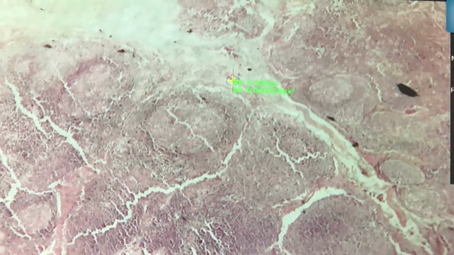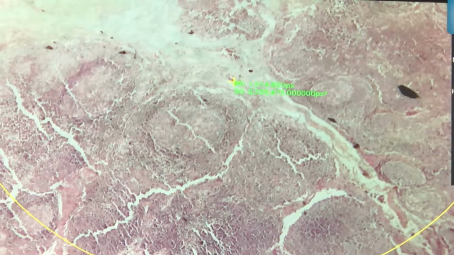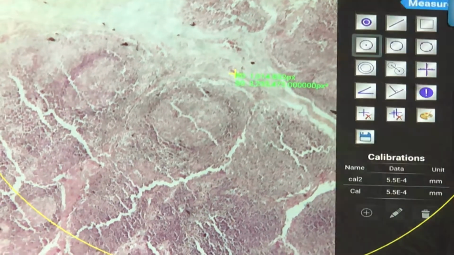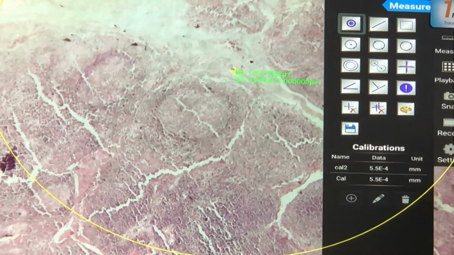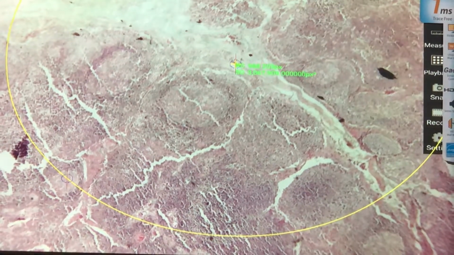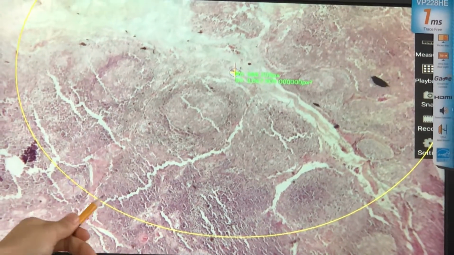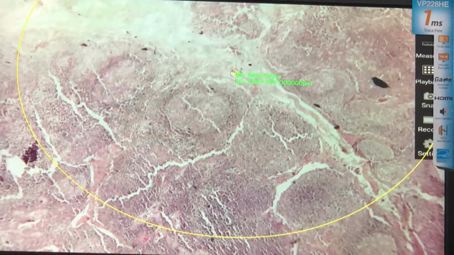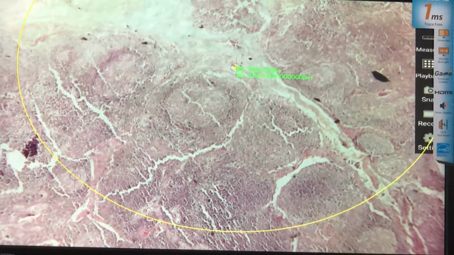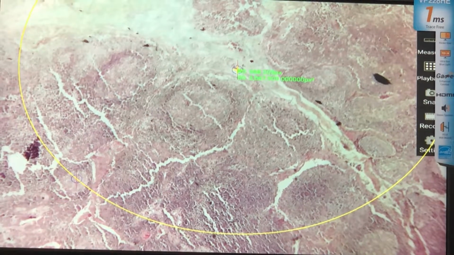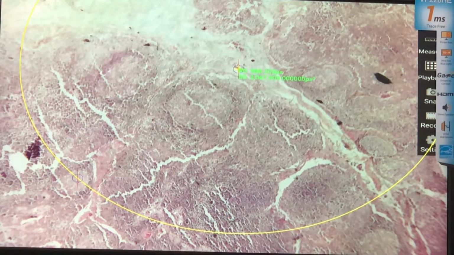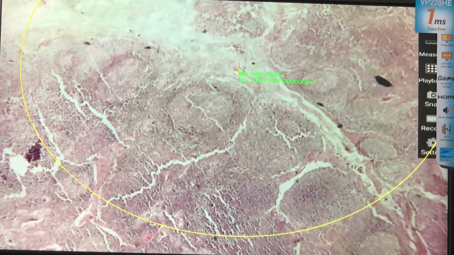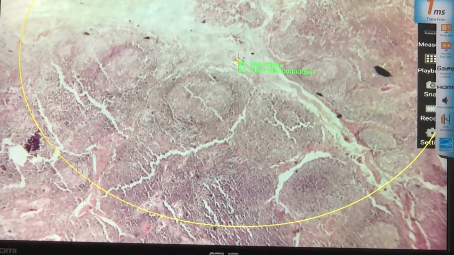However, you will see in the middle there are, when I label that, you see that one, that is another. Normally you won't see any lymphoid follicle in the center, but in follicular lymphoid hyperplasia, you will see that in the center.